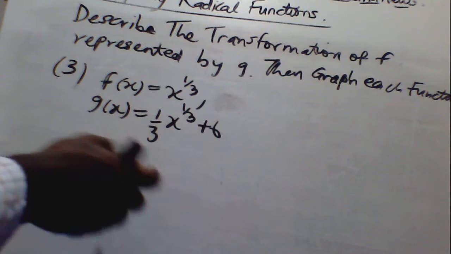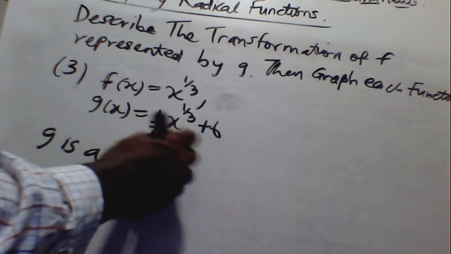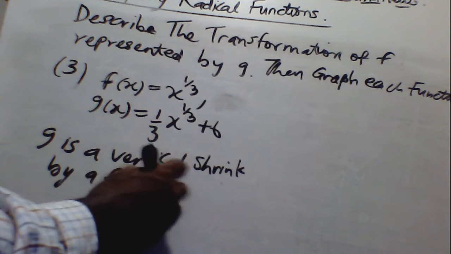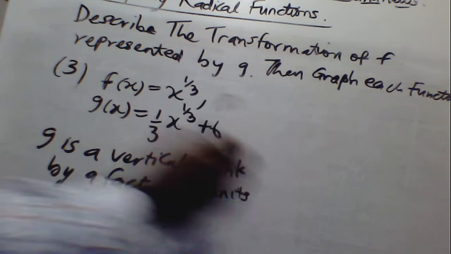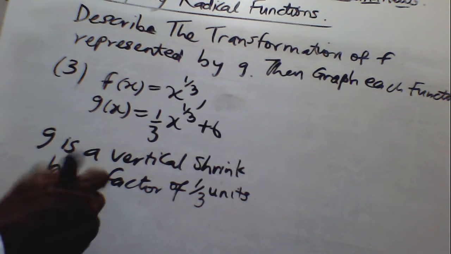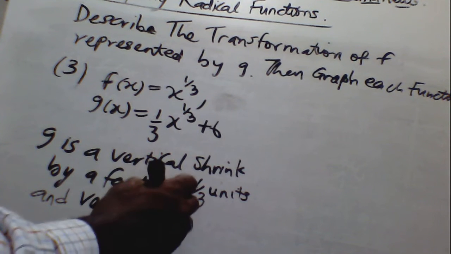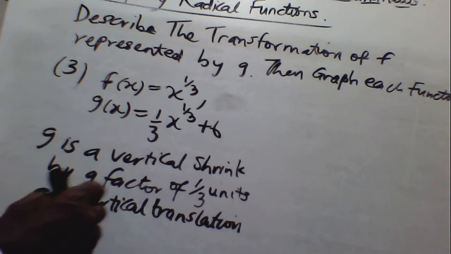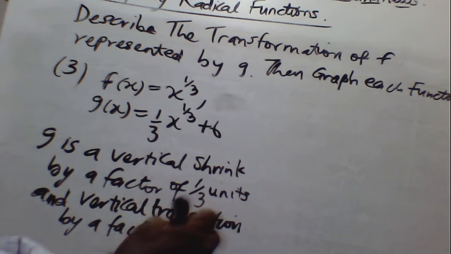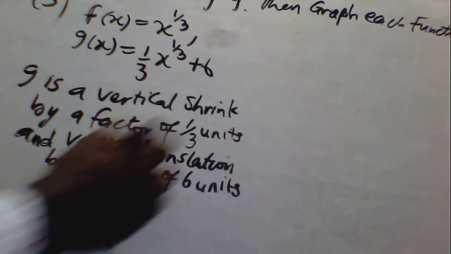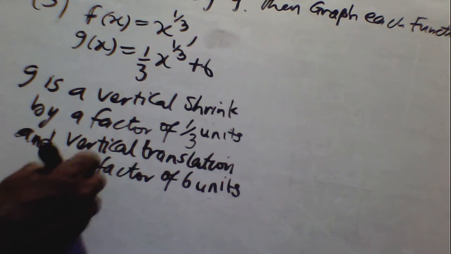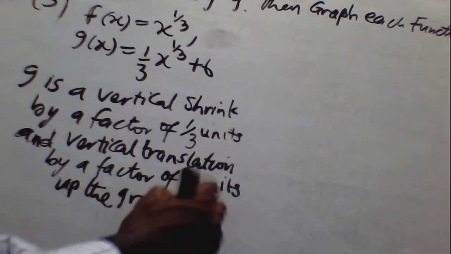So looking at this, we can define it. g is a vertical shrink by a factor of 1 over 3, and vertical translation by 6 units up the graph of f.